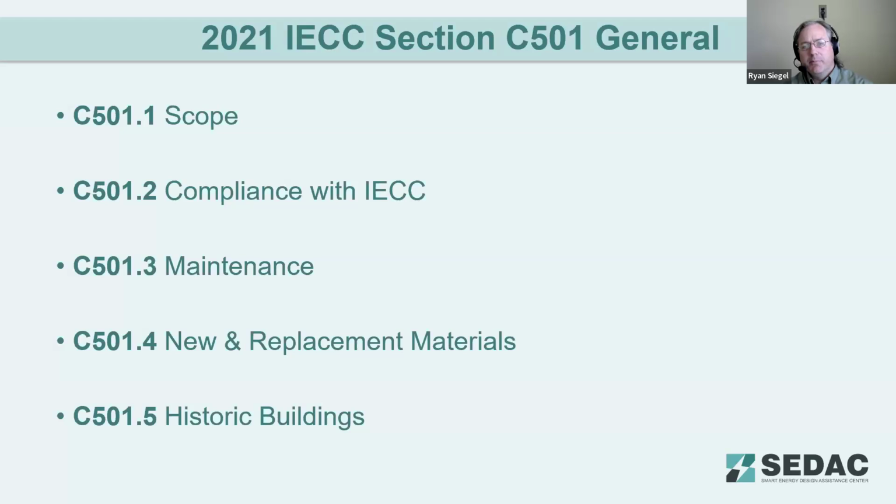So Chapter 5 begins with the scope, and then second is dealing with the compliance, also dealing with maintenance, new and replacement materials, and then historic buildings. So these are the general requirements regardless of what this project is for an existing building.